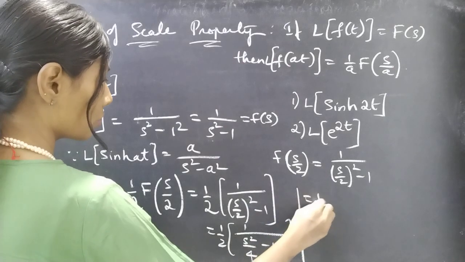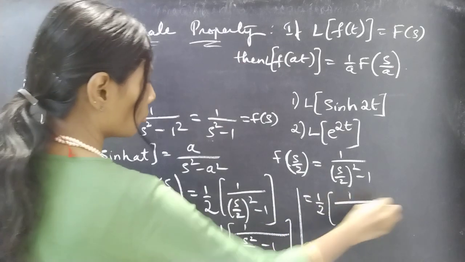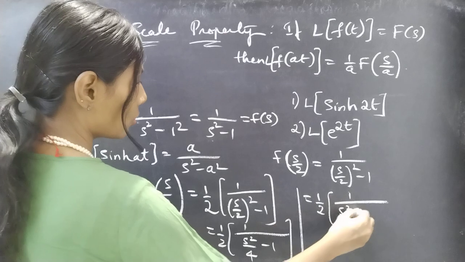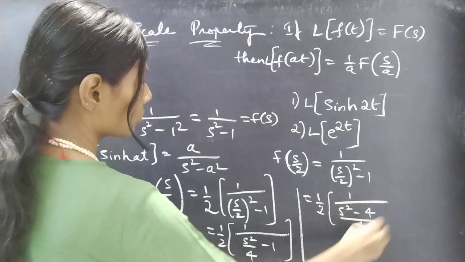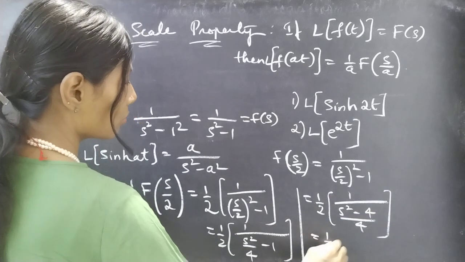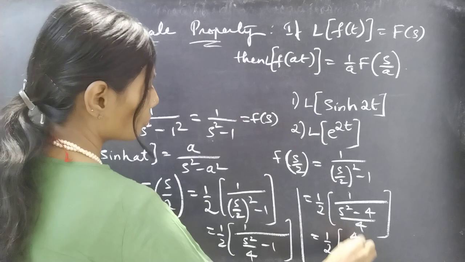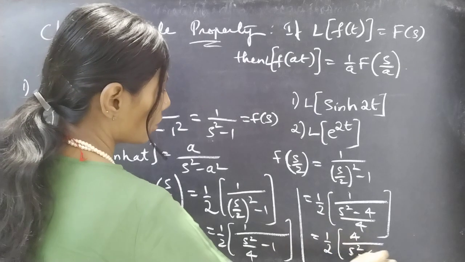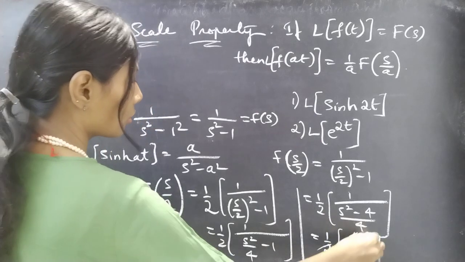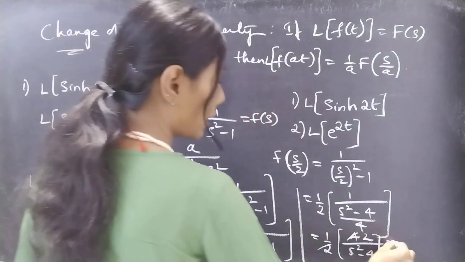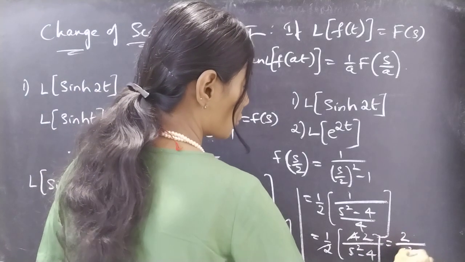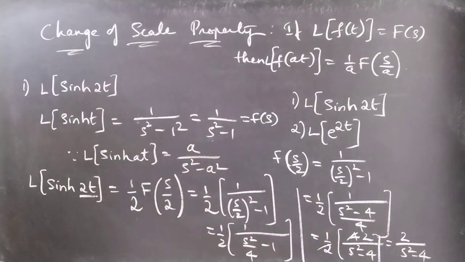We can write this as 1 by 2 into 1 by s square minus 4 by 4, or we can write this as 1 by 2 into 4 by s square minus 4, which is 2 by s square minus 4.